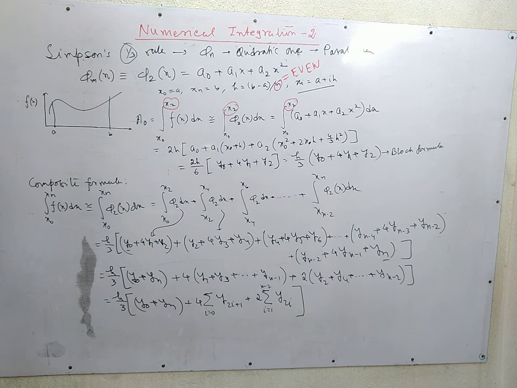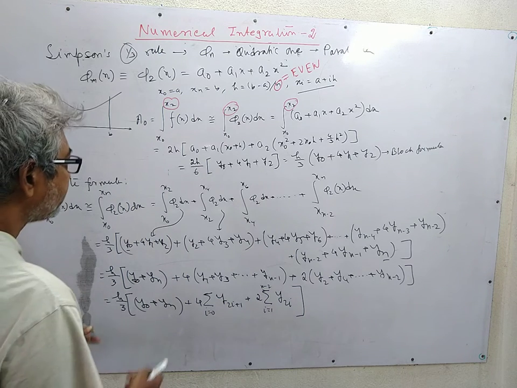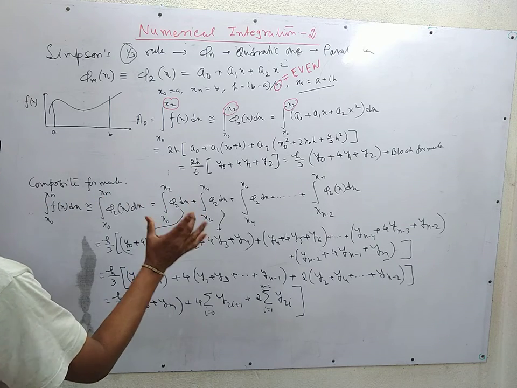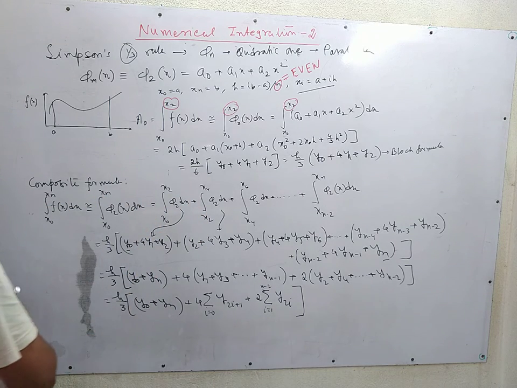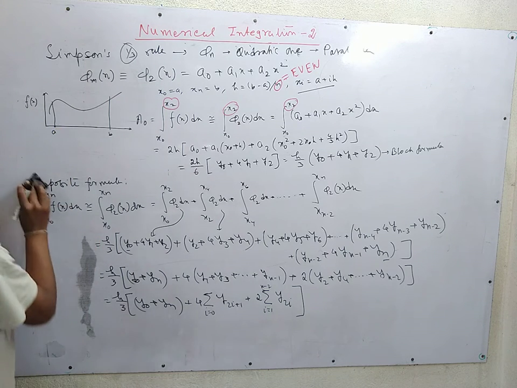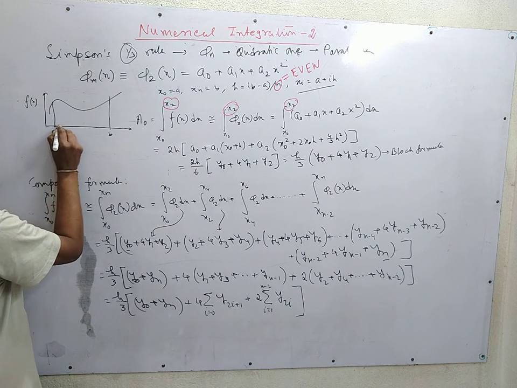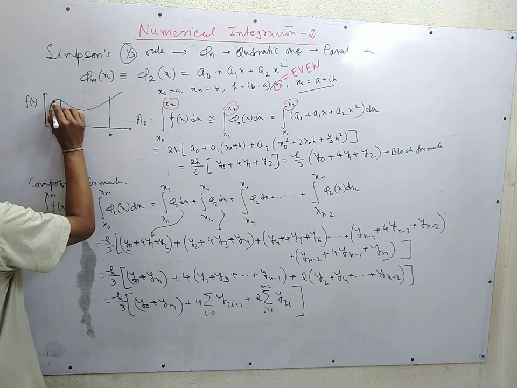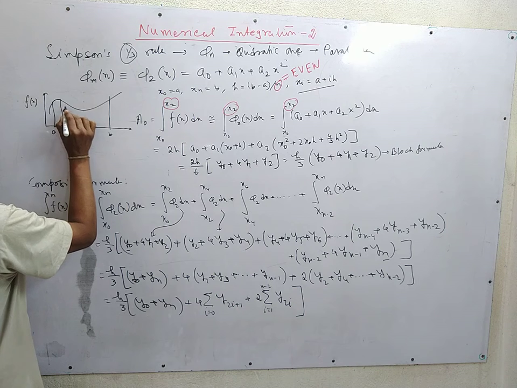One thing I would like to make clear: the parabola under consideration changes from one block to another. As for example, the parabola in this block is in general not the same as the parabola of the other block.